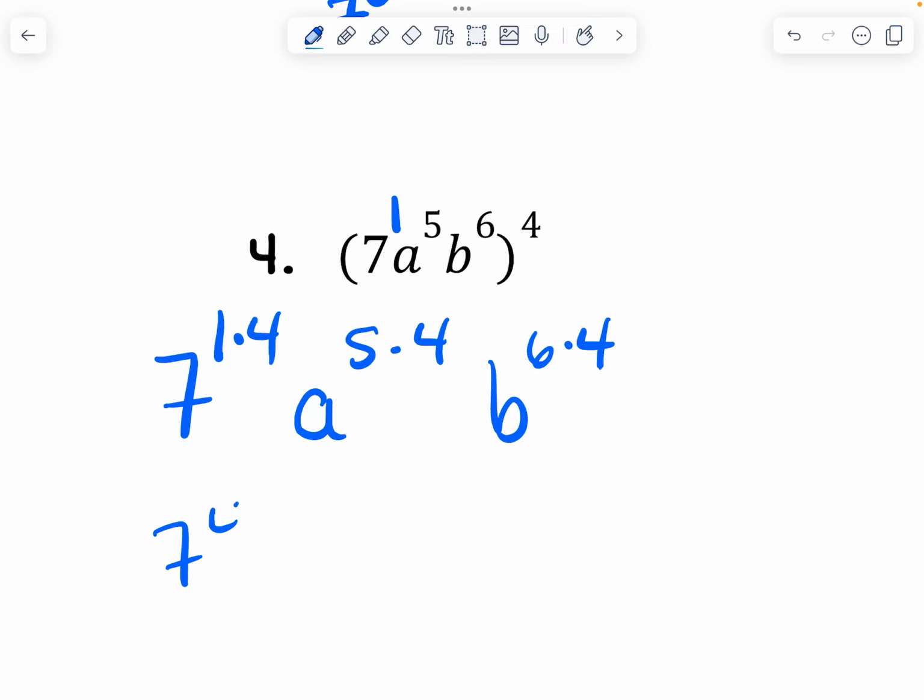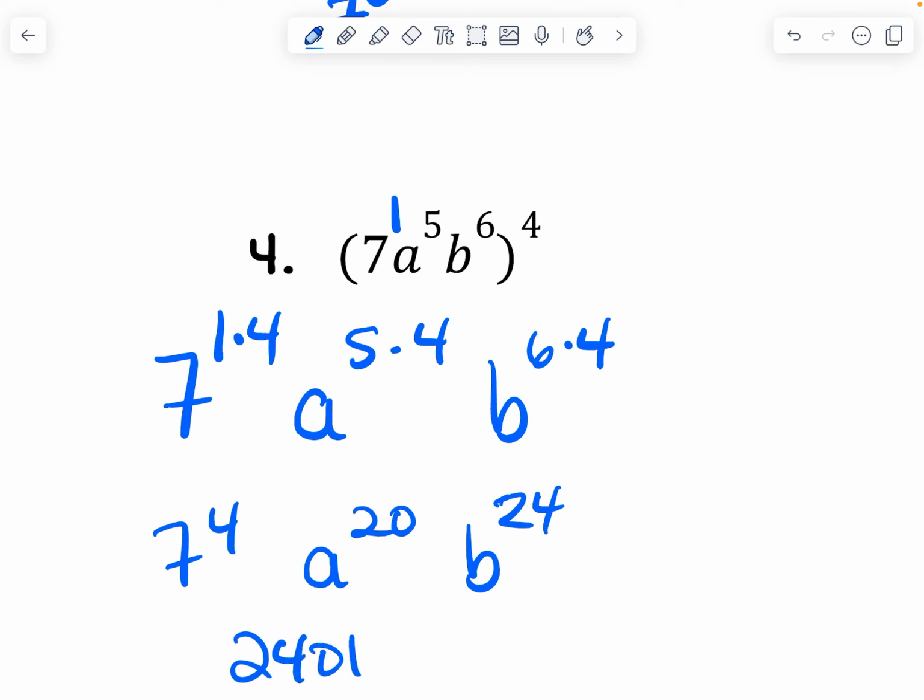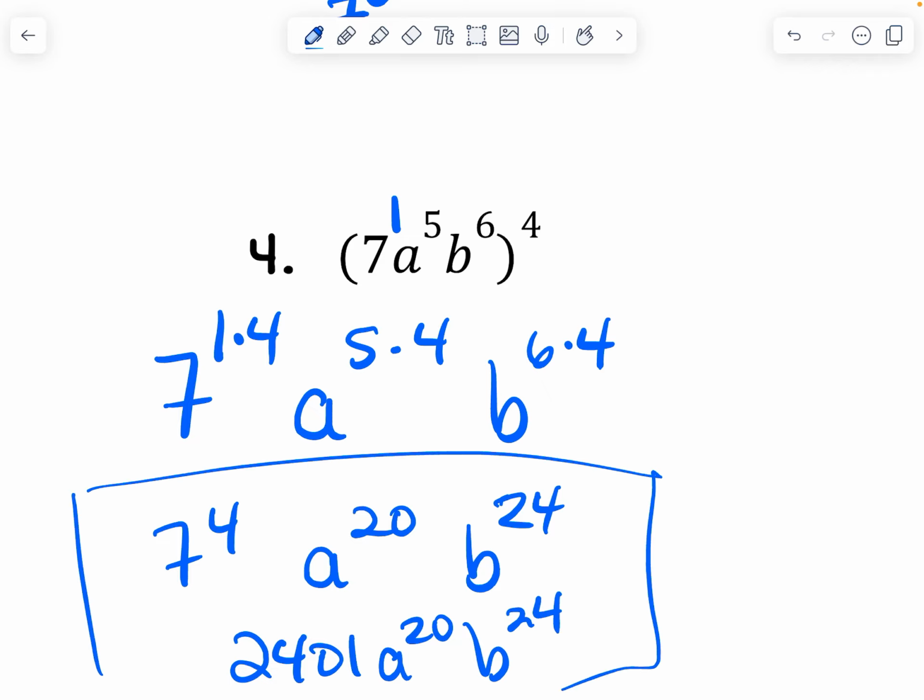So 7 to the 4th power, a to the 20th power, b to the 24th power. Either one of these would have worked as your answers.